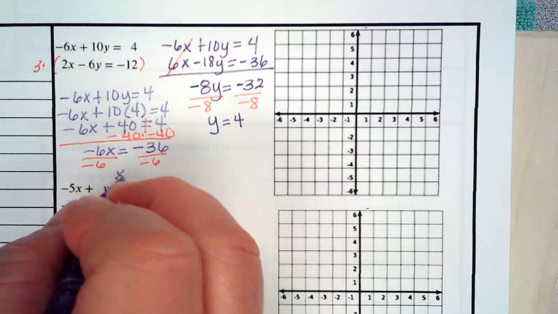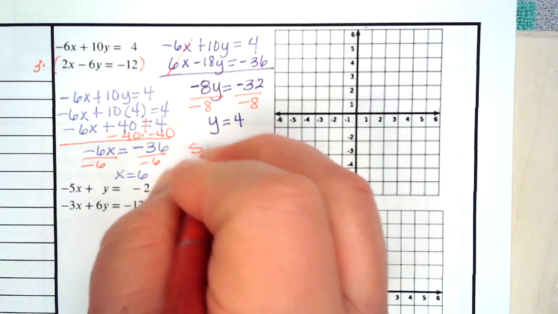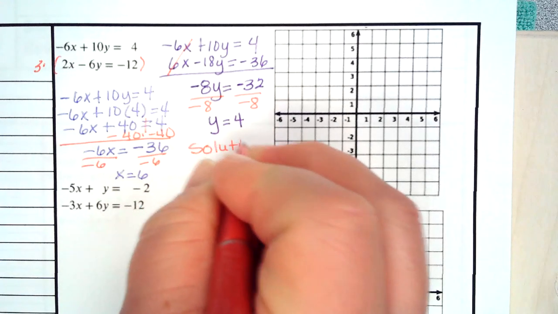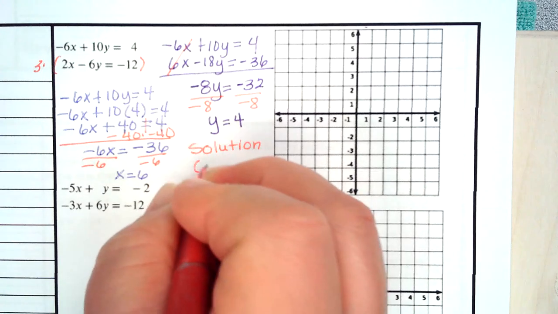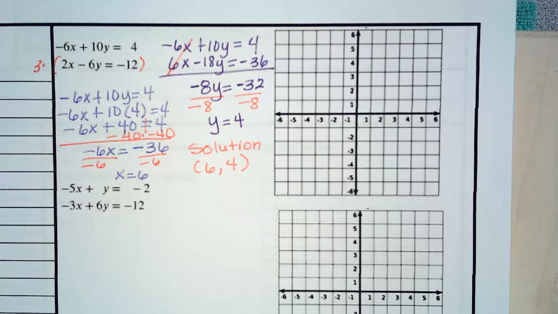And x is equal to 6. So my solution is the point 6, 4. By scaling one equation, we're able to solve.